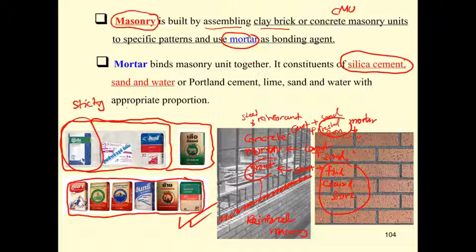And maybe in the US, they put the Portland cement with lime, with sand and water, in appropriate proportion. Lime is a very good material. Some people say lime is a self-healing material.